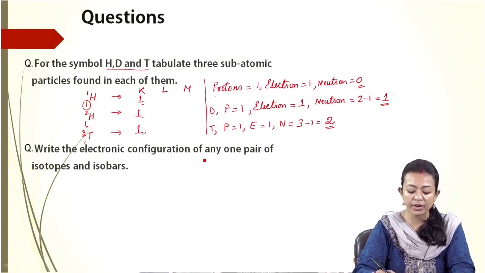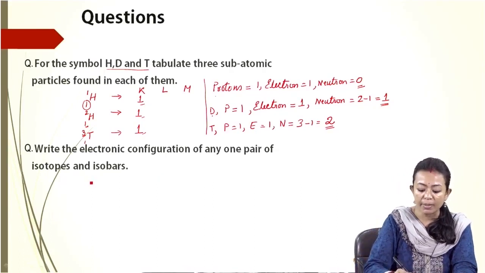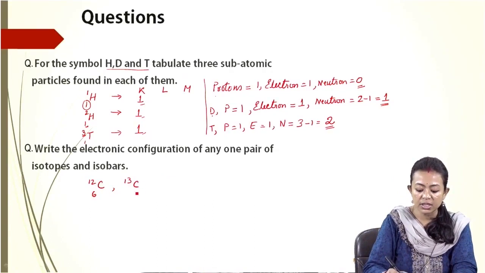Write the electronic configuration of any one pair of isotopes and isobars. Now here, as you know, what are isotopes? Isotopes are those atoms of the same element which have different mass numbers but the same atomic number. So we can take carbon 12 and carbon 13.